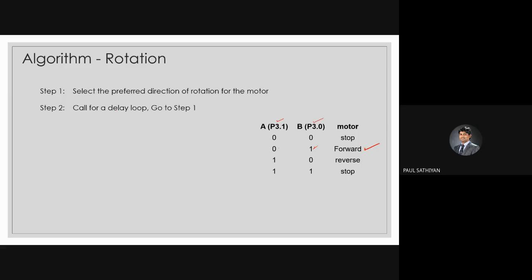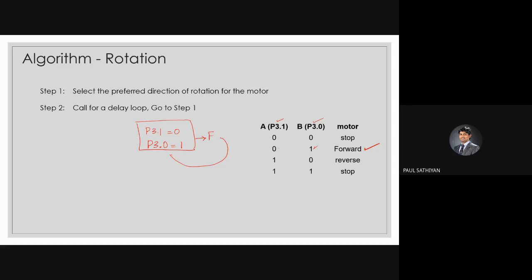Then I have to create a delay loop and repeat this operation. So I need to make pin 3.1 as 0 and pin 3.0 as 1. Once I do this, the motor will rotate in forward direction.